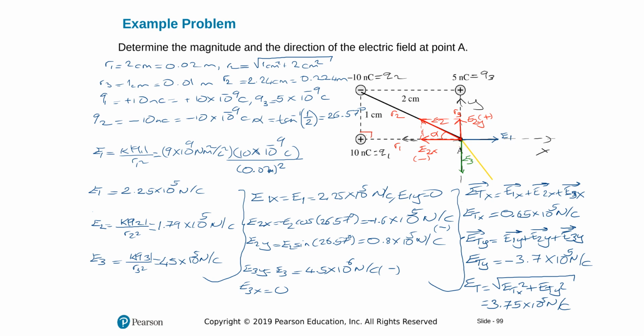I can also find the angle it makes. This will be E total. This is just representative, of course. It will make an angle theta with the x-axis here, and I can find theta. As always, theta will be equal to tangent inverse of E total y over E total x.